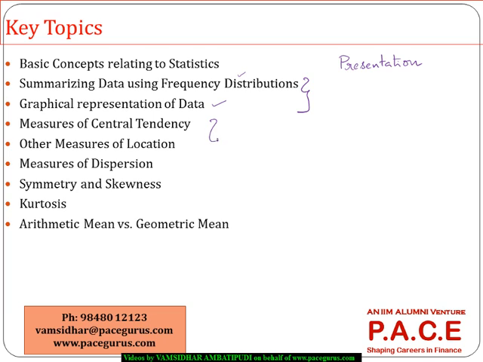Then we look at a few sections relating to the quantitative computations on the data, where I talk about for a given data, how is it centered, which is called the measures of central tendency, and how is it dispersed, how is my data deviating from the center, which are the measures of dispersion.